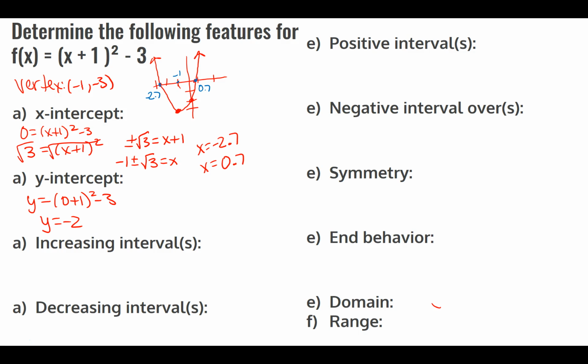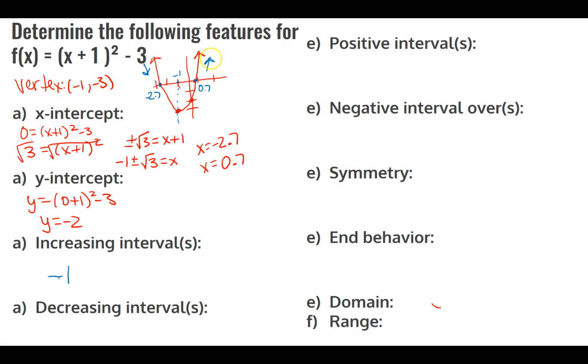Okay? If I'm walking across left to right, am I going to slide down or climb a mountain first? We're going to slide down that parabola first. So is it going up or down? It's going down first, and then we're going to climb up, right? So my increasing interval is going to start at negative 1, and we're going to continue on forever because we don't stop at 0.7, do we?